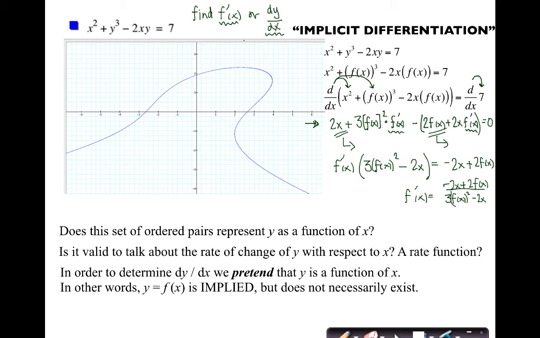But realize that translating this back into just x's and y's, this would be the same as dy over dx equals negative 2x plus 2y. Instead of having f of x, I have y. And in the denominator, 3y squared minus 2x.